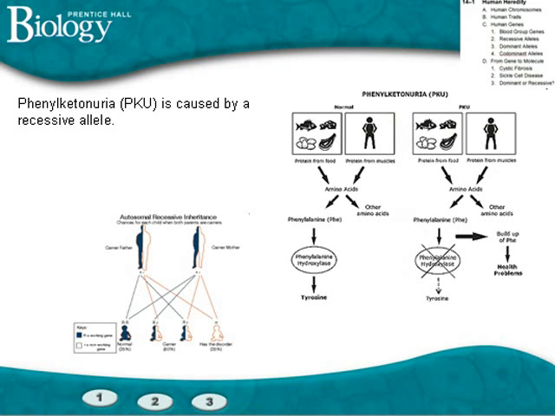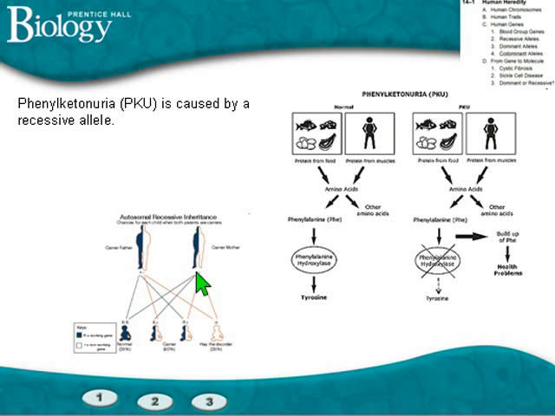Now, PKU is a disease that causes a person not to be able to make tyrosine from phenylalanine. I'm not going to go into the disease too much, but this is a recessive allele, PKU.